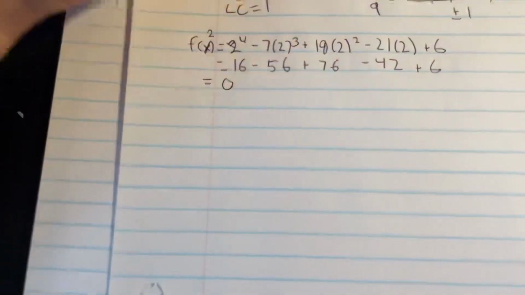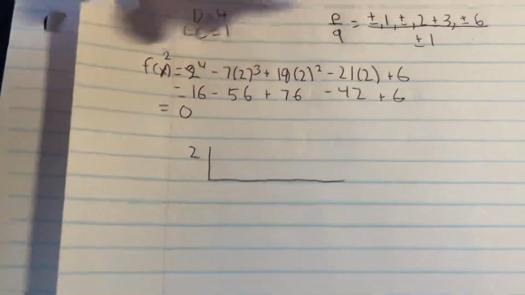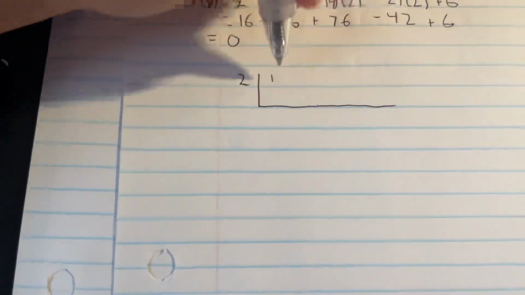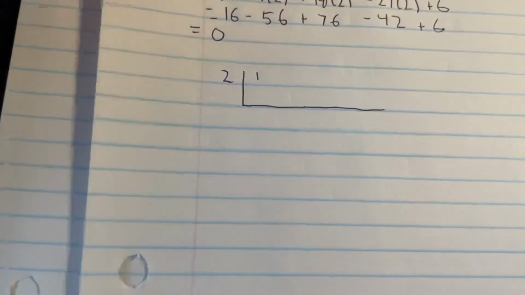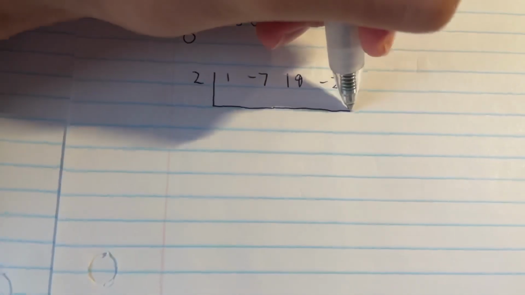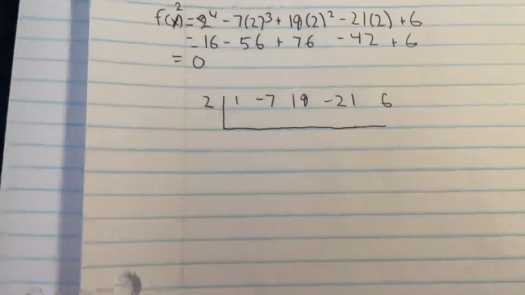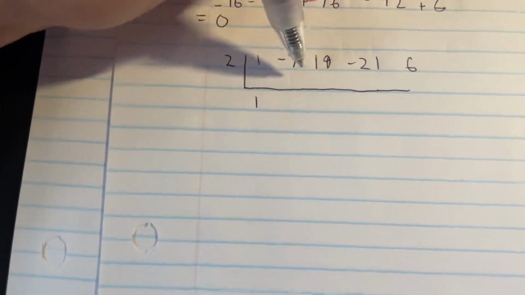So what we would do now is set up synthetic division. We put a 2 here, and then we put our coefficients in here. So we have 1, because there's an imaginary 1 right there, then negative 7, 19, negative 21, and 6. We bring the 1 down. 2 times 1 is 2.